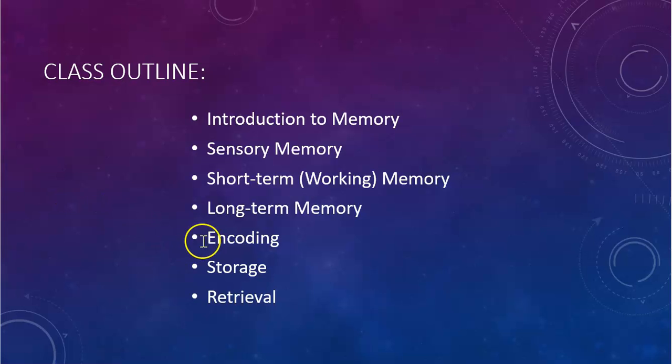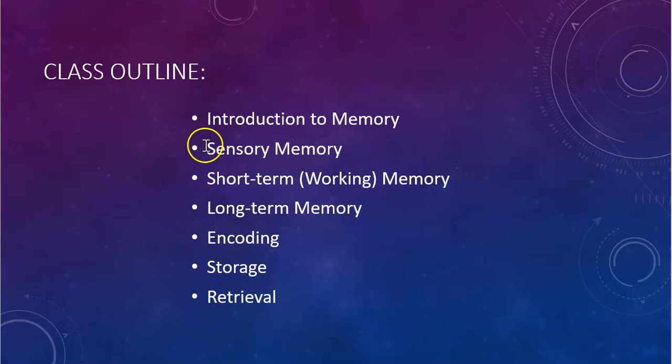Now, like a couple other chapters, I am going to deviate from the textbook a little bit. In the textbook, we start with talking about encoding, storage, and retrieval, and then we go into these different types of memory. I'm going to switch it up and talk about the three main types of memory first, because I just find that a little easier. They're a little shorter, and then we'll get into the steps of memory.